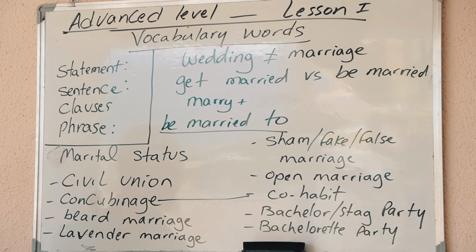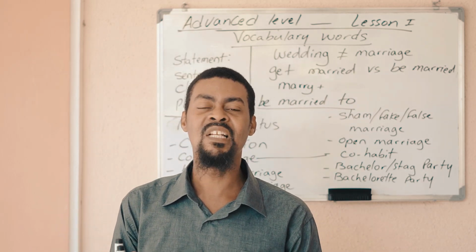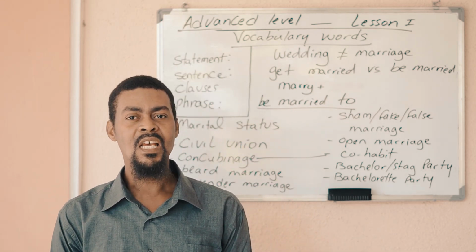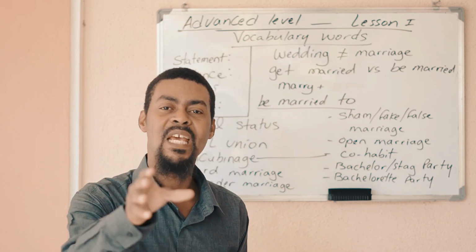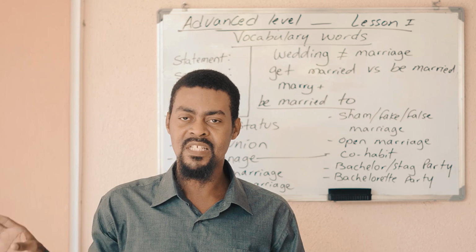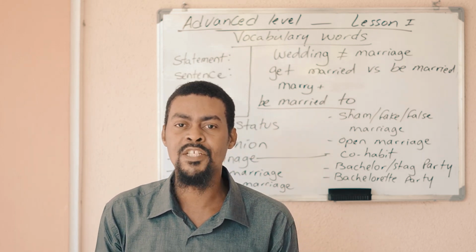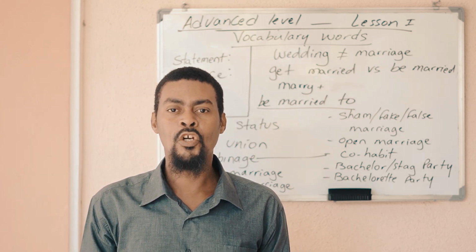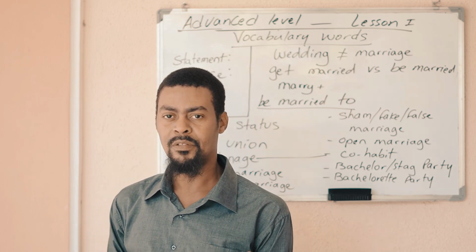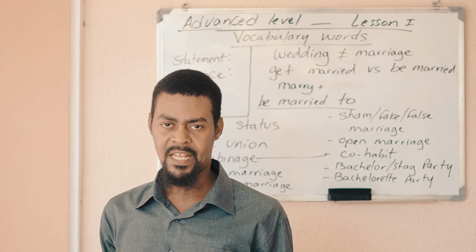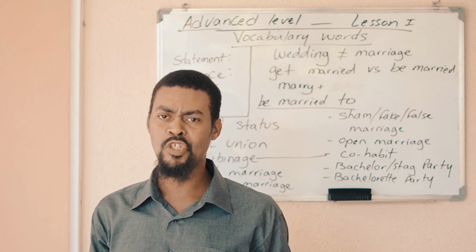Beard marriage or beard relationship. Beard marriage is especially when a man or woman is married to someone to cover his or her true identity, true sexual orientation. For example, you're gay, you're a man, but you don't want society to know about you.